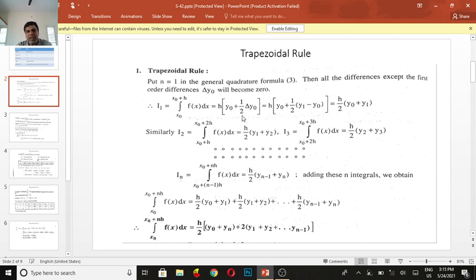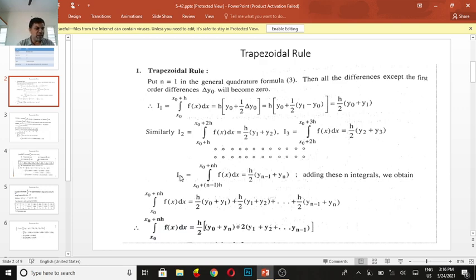Again, the second term I2 equals the integral of f of x dx from x naught plus h to x naught plus 2h, which gives h by 2 times y1 plus y2. Similarly the third integral I3, from x naught plus 2h to x naught plus 3h, gives h by 2 times y2 plus y3, and so on.